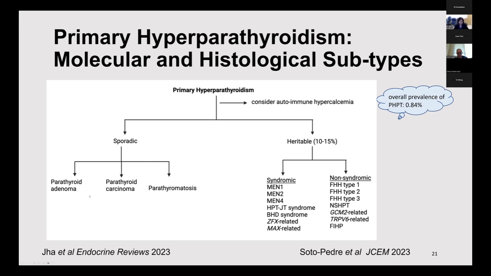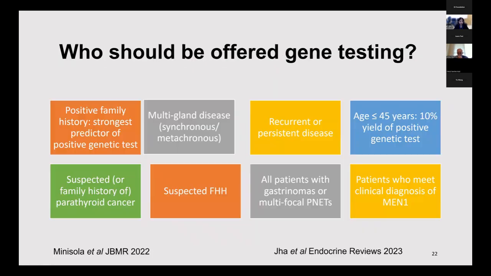Rarely, it can be due to parathyroid carcinoma, again very rare, less than 1%. And even rarer is a condition called parathyroidomatosis, where there are microfoci of parathyroid tissue seeded throughout the neck. Both parathyroid carcinoma and parathyroidomatosis are extremely rare histological diagnoses.